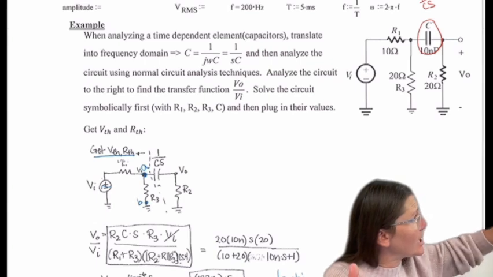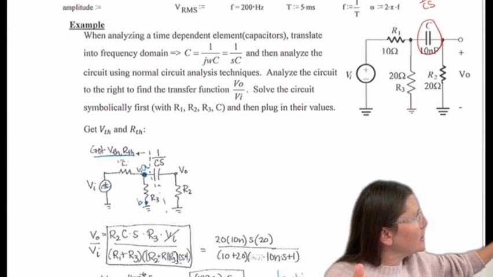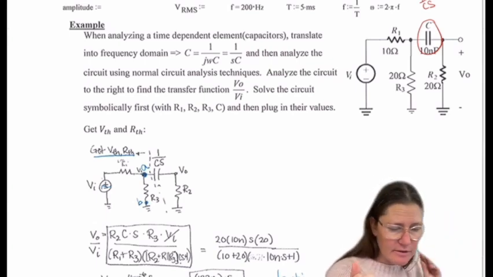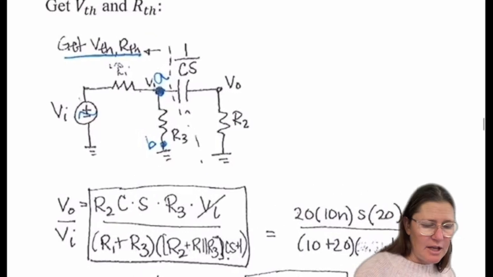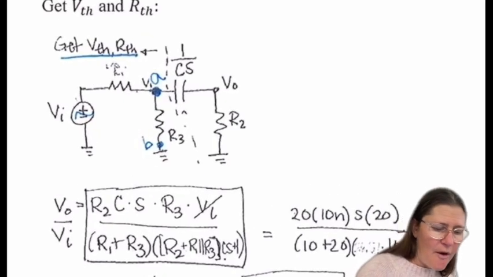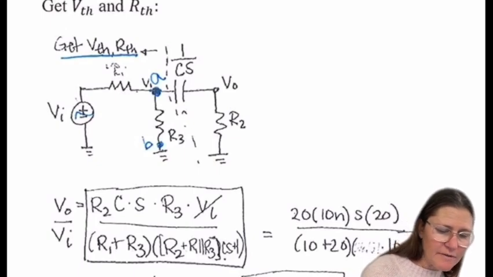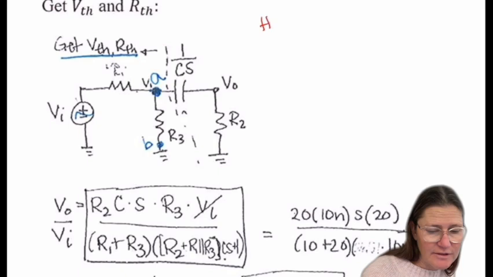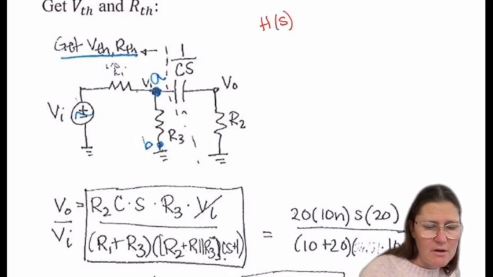And to start, we would analyze this circuit using the 1 over CS. I am going to try and find the transfer function of this, which is going to be your V output over your V input.